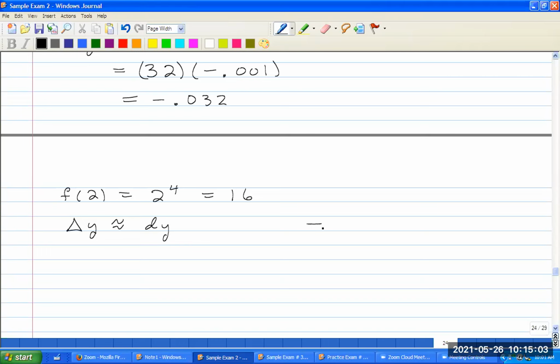So therefore, f at a plus delta x minus f of a is approximately dy.